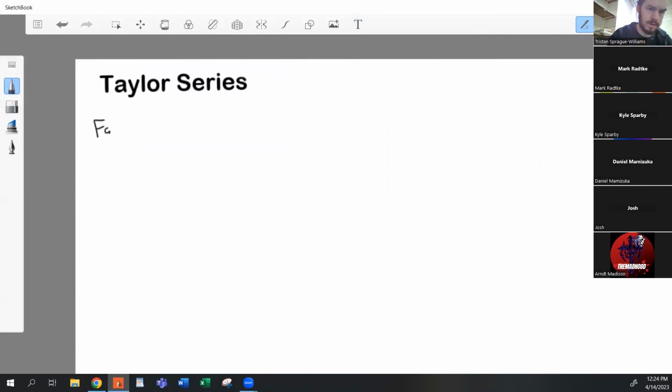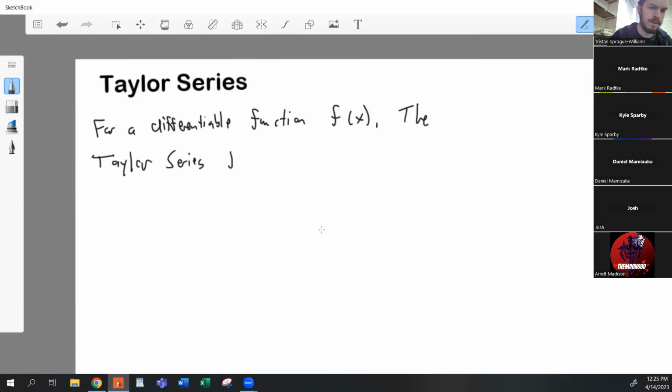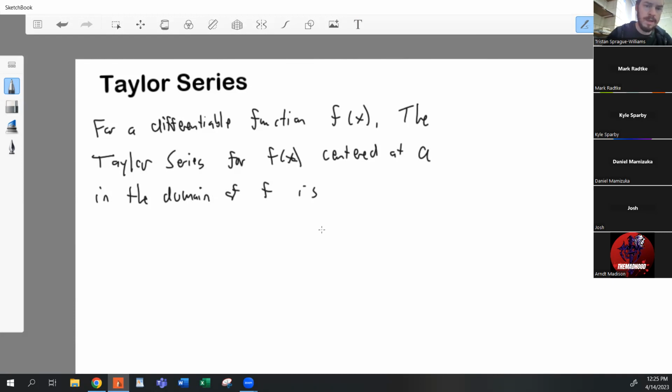Okay, so for a differentiable function f of x, the Taylor series for f, centered at a number a in its domain, is this.